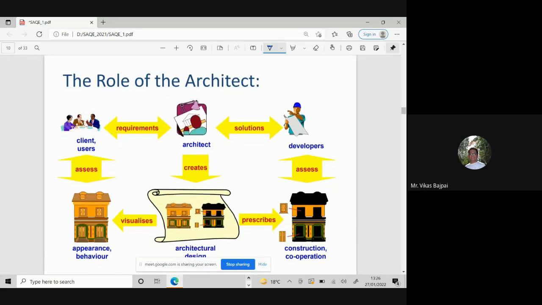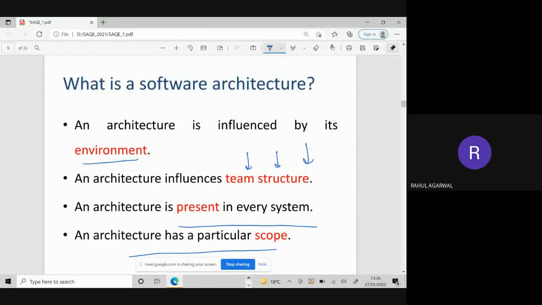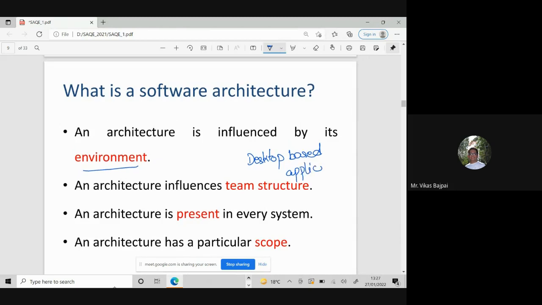Rahul asks what is environment in the previous slide. The architecture is influenced by its environment. That means, in what kind of environment I am going to run my application. Environment means I can have a simple desktop-based standalone application. Or I can have a cloud-based application, so the environment is a cloud environment.